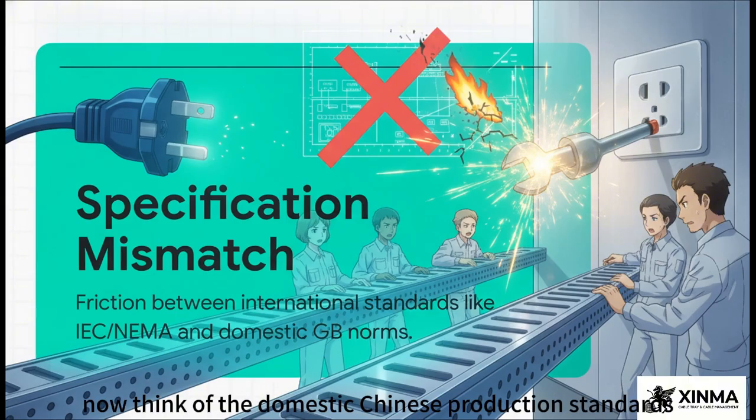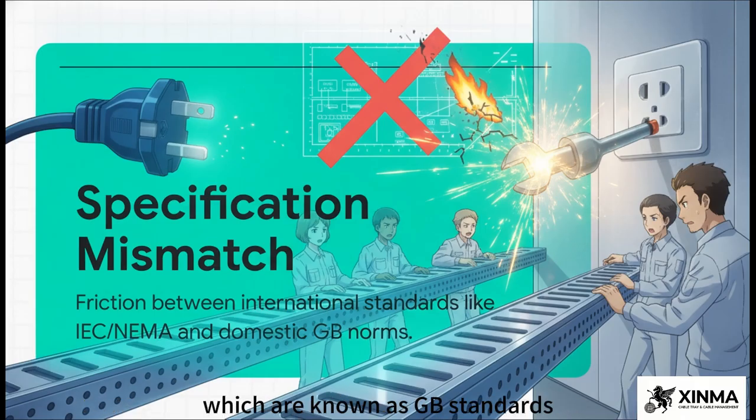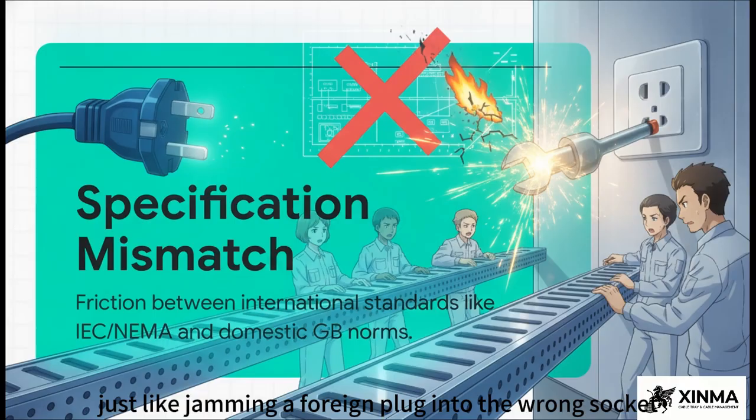Now, think of the domestic Chinese production standards, known as GB standards, like GB 31251, as the local wall socket in a foreign country. If a manufacturer lacks the engineering adapter to perfectly translate those international specs into their domestic manufacturing process, what happens? Well, they try to force it to fit. And just like jamming a foreign plug into the wrong socket, it causes a total systemic failure and ends up burning down your project timeline.